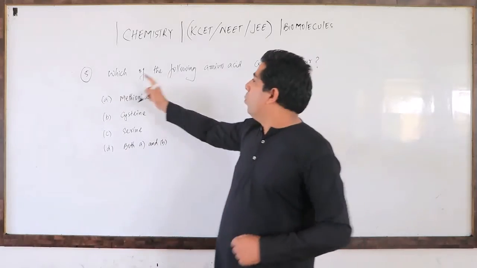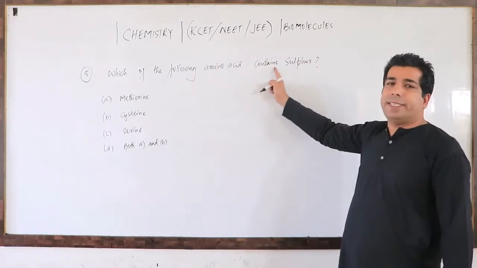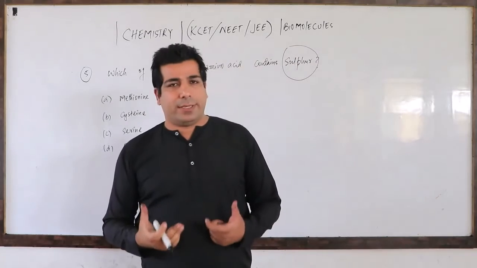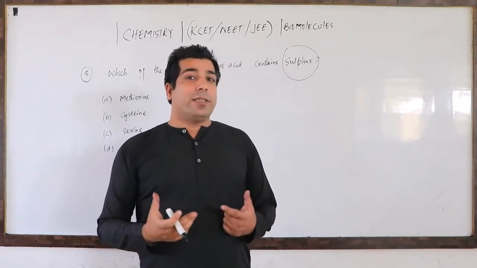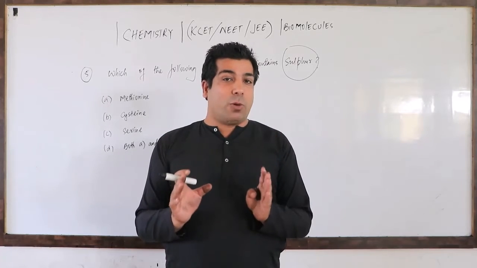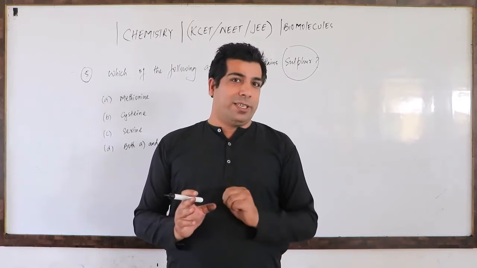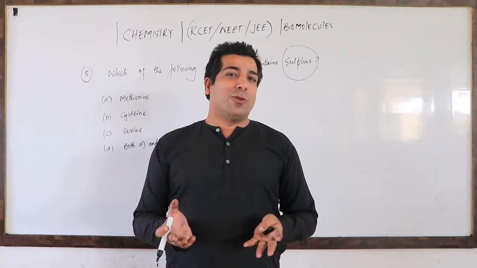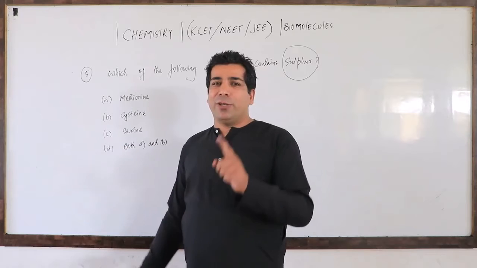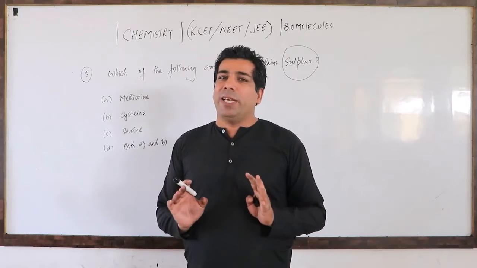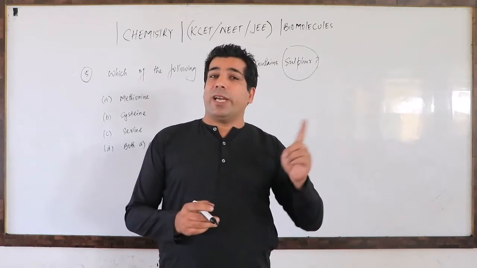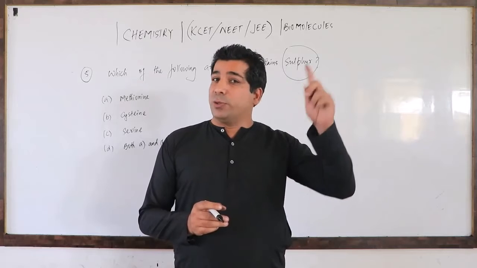Dear friends, which of the following amino acids contains sulfur? We have already discussed the 20 different amino acids. You must know which 2 amino acids out of 20 contain sulfur. If you remember the names of those 2 amino acids, you can easily do this question. Most people will be aware of one, that is cysteine, because in insulin we discussed disulfide bonds through cysteine.